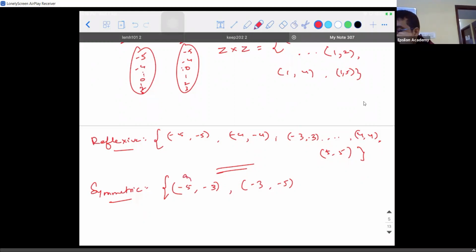So (a1, a2) belongs to R, as stated by us, concludes that (a2, a1) also belongs to R, according to the statement given in the question. Hence, it is symmetric. Does that make sense?